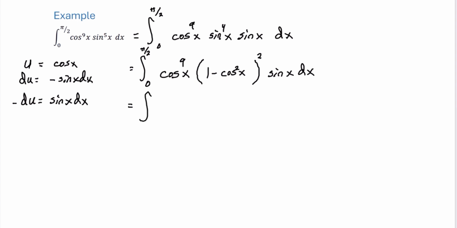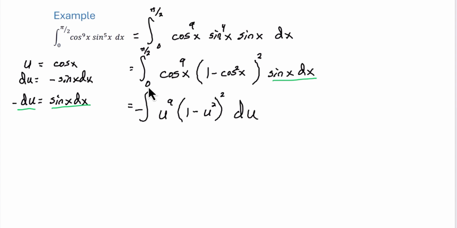Now rewriting this, cosine, remember, is u. So we have u to the 9th times 1 minus u squared, quantity squared, and then the sine x dx is our new du. And we need to make sure we pull that negative out front. Recognize that we did a u substitution, and since we're dealing with a definite integral, we need to change our limits of integration.